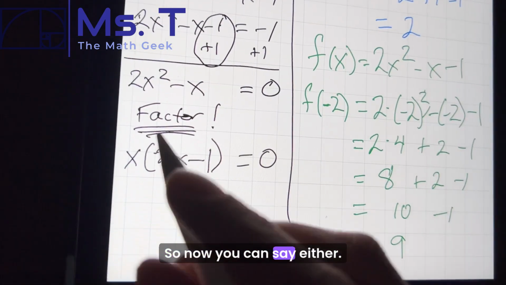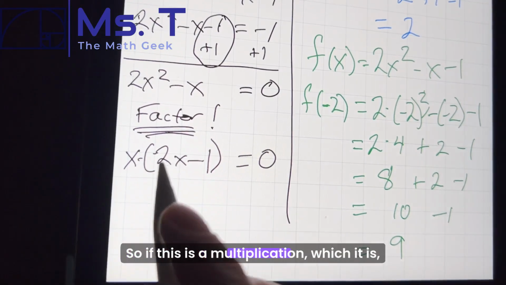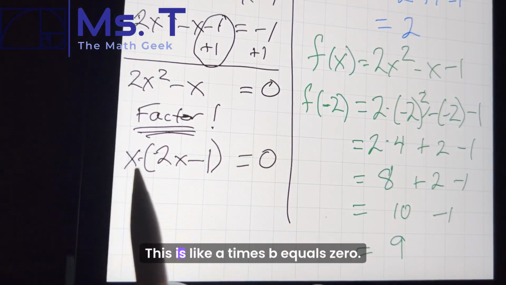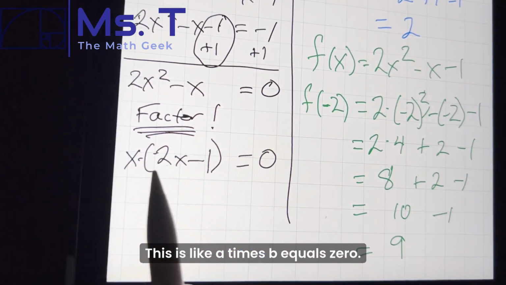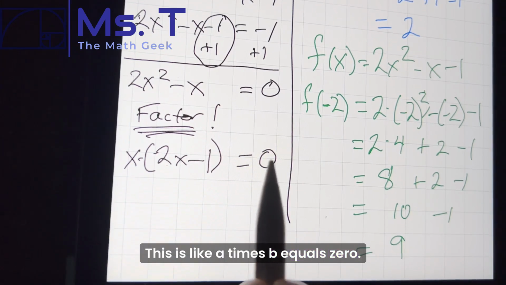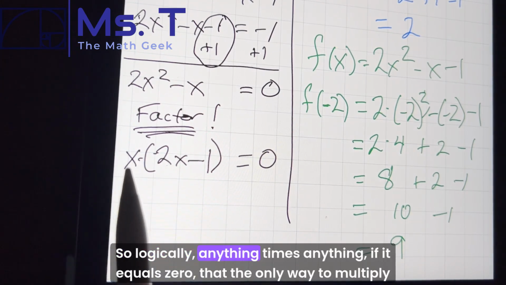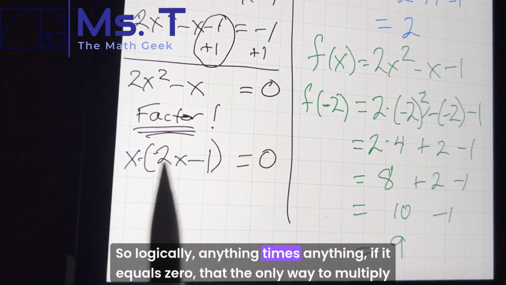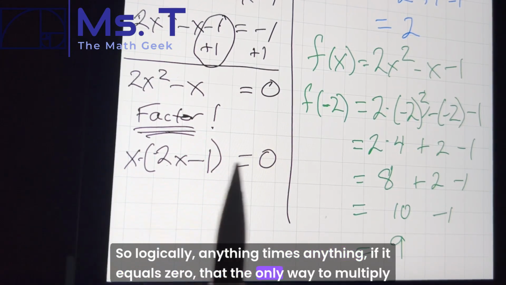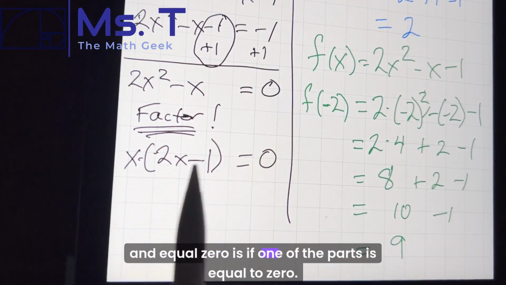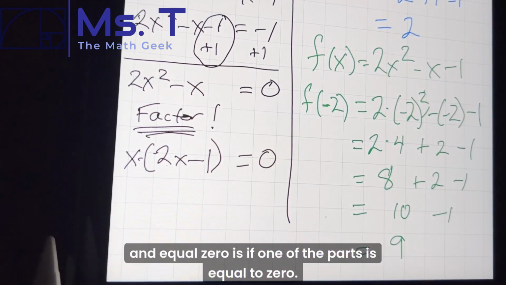So now if this is a multiplication, which it is, this is like a times b equals 0. So logically, anything times anything, the only way to multiply and equal 0 is if one of the parts is equal to 0.